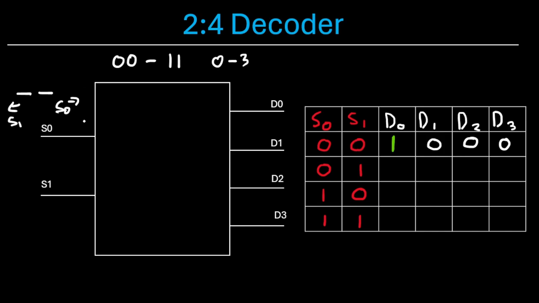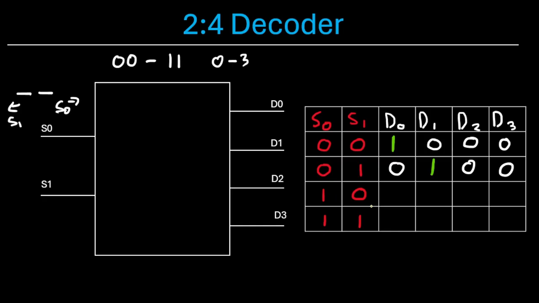Because there's no possible input that can result in us needing to represent decimal 2 and 1. It's either one or the other, right? So moving on, if we input 0, 1, or 1 in binary, our decimal 1 pin will be on because we're representing 1 in decimal, and all the other decimal outputs will be 0.